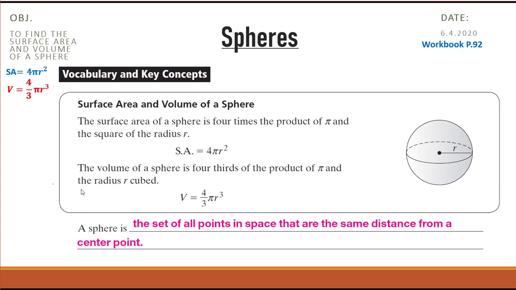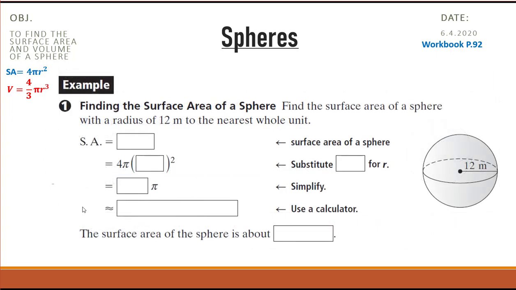On the same page, we have example 1. In this example, we are going to find only the surface area of a sphere. So the rule of the surface area is 4 pi r squared. And now we have the radius here, which is 12. So it's 4 pi and 12 squared.